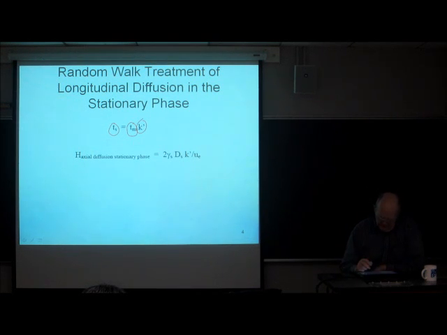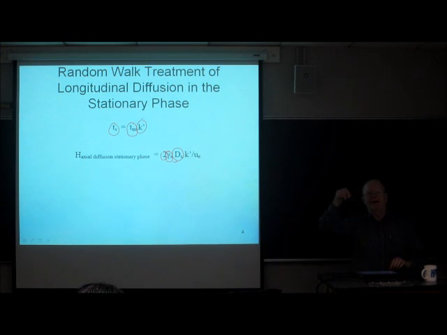If we put it together, we get 2 times the obstruction factor for diffusion in the stationary phase particle times the diffusion coefficient of the solute in the stationary phase liquid. So imagine you had a beaker full of stationary phase liquid.